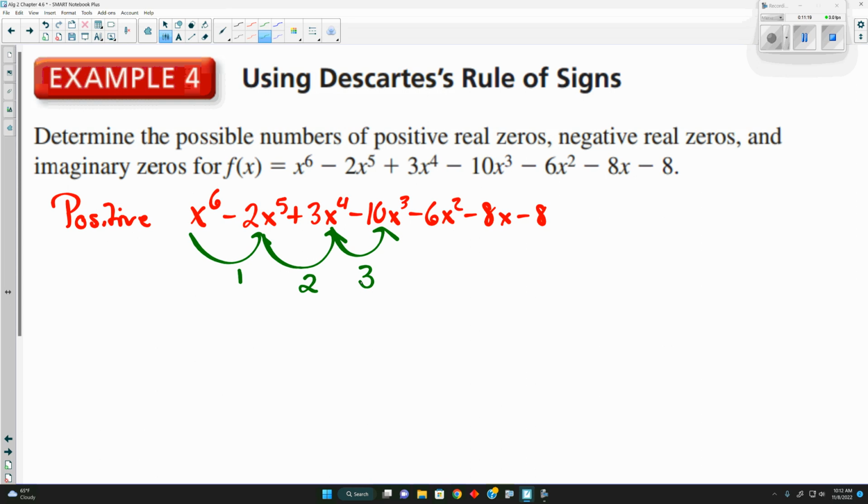How about from x to the 3rd to x squared? No. How about x squared to x? So how many times did the sign change? So the most positive solutions we could have is 3 or less than it by an even number.